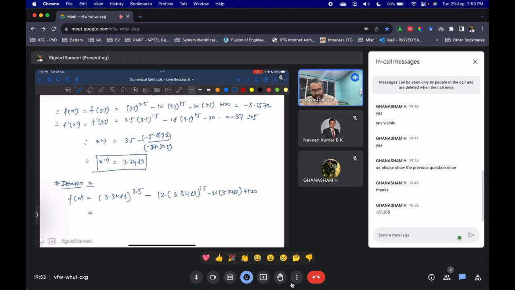That is the previous one. What is the value here? It would be 0.02436.